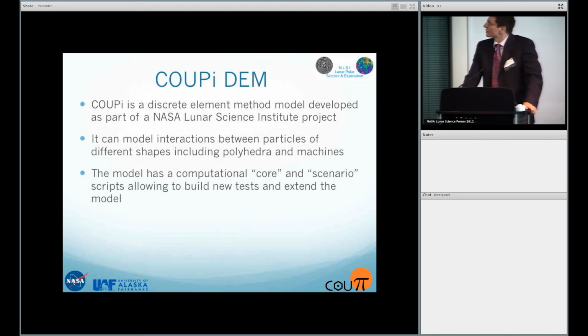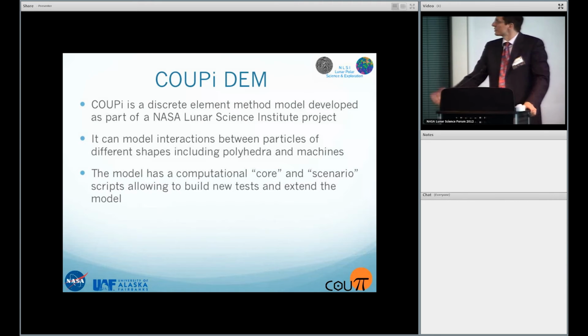We're developing the COUPi discrete element method. You can see a little logo here. This model was developed as a part of a NASA Lunar Science Institute project, and it can model interactions between a big set of particles of different shapes. You can compose the shapes from different geometrical subshapes, and you can also model polyhedra, including concave shapes, and see the interaction between them and the machines.